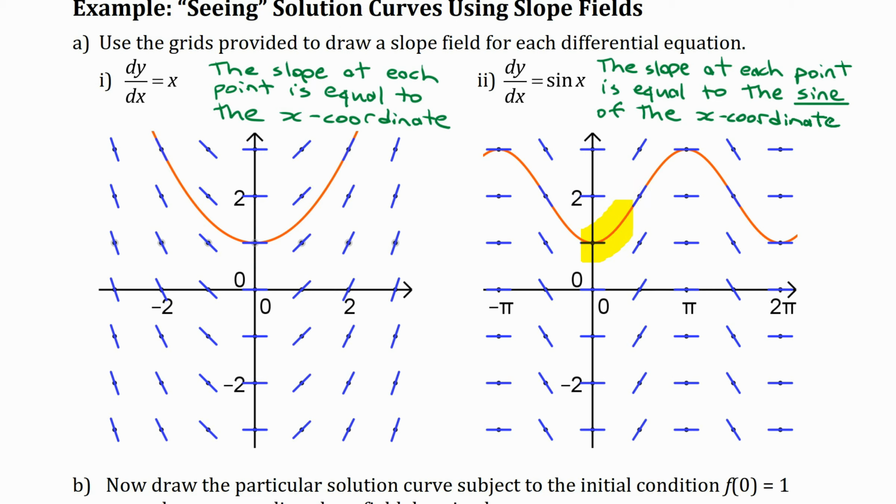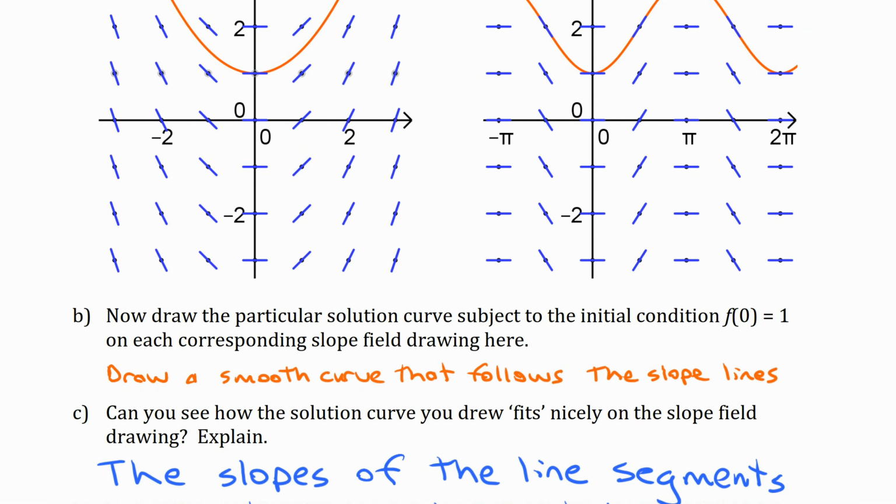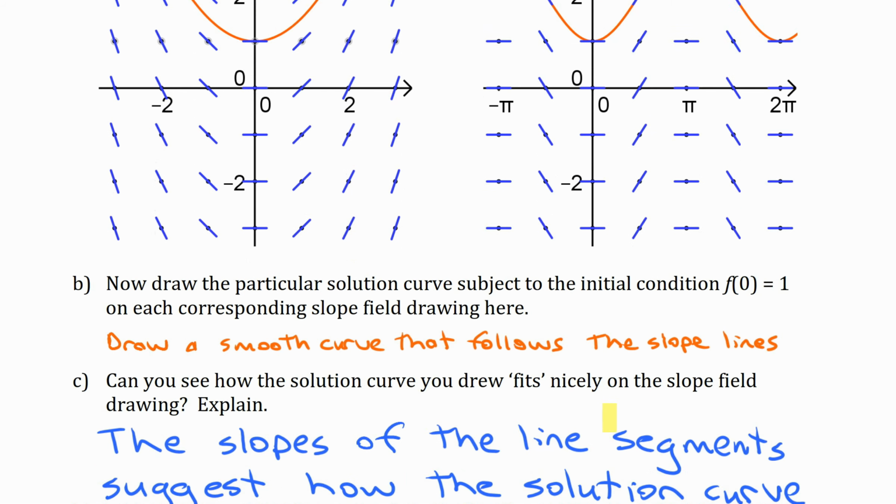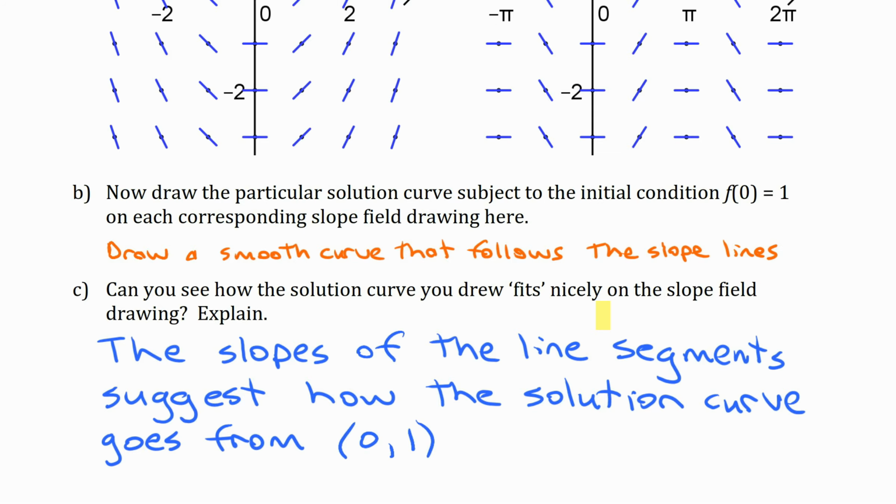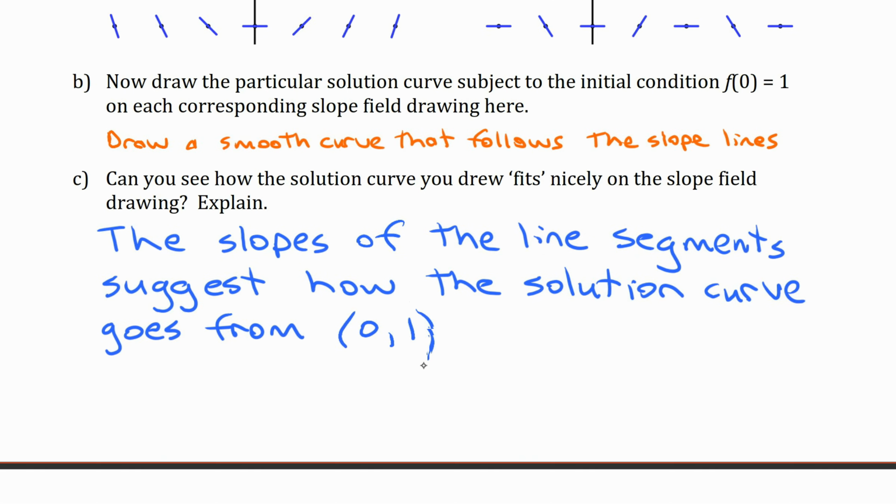So it starts to slope up to the right, and then symmetry-wise it's got to be horizontal again there. And then it's got to go down, and symmetry-wise, it's got to be horizontal again there. So you just draw a smooth curve through that the best you can. That's the particular solution. The slope field just gives you a sense of what the curves look like, all right? So again, slope field, the idea is the line segments that you draw suggest how the solution curve goes, all right? Let's look at another one here.